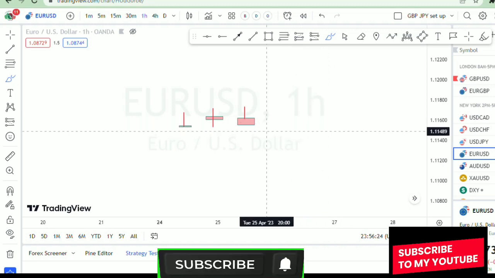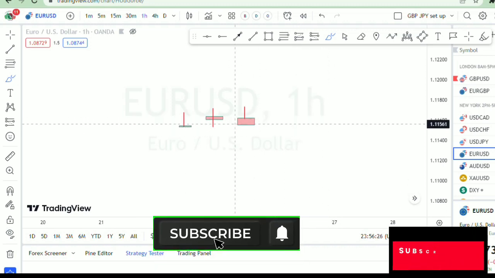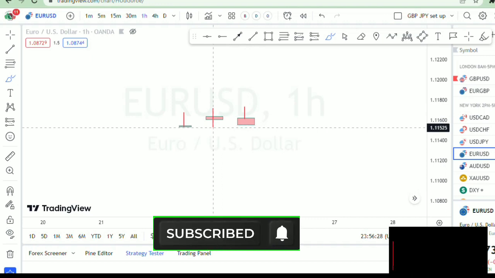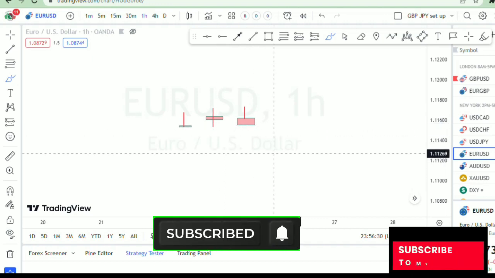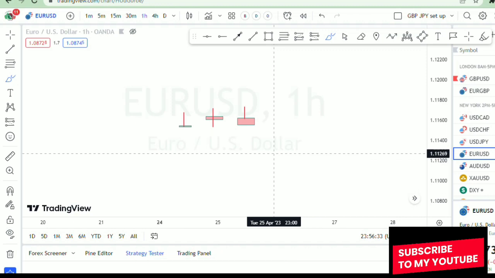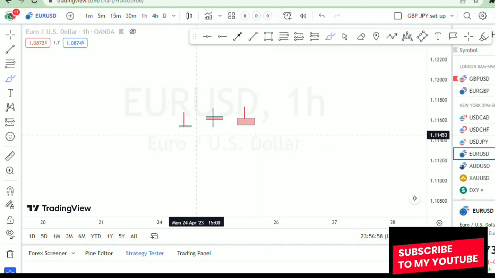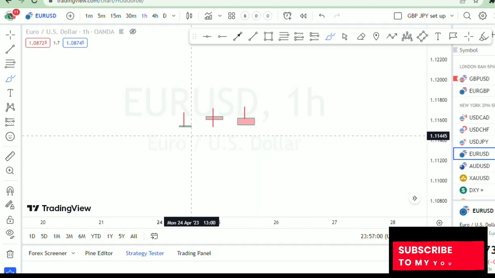Okay, so guys, these candlesticks are very unique in the markets, because I call them the indecision candlesticks. That is to say, the market has no decision. They are indecisive about where to go. Should we go bullish or should we go bearish? Whenever you see this kind of candlestick, it's telling you there was indecision.